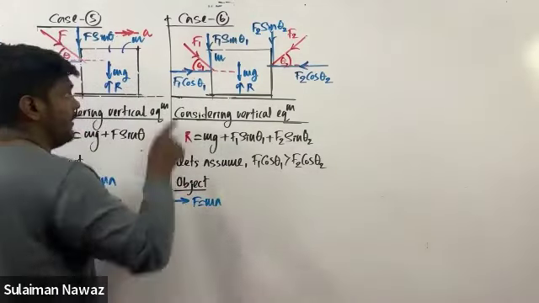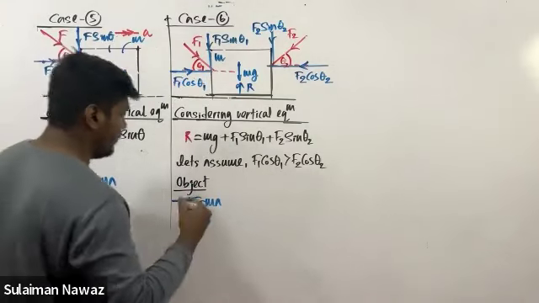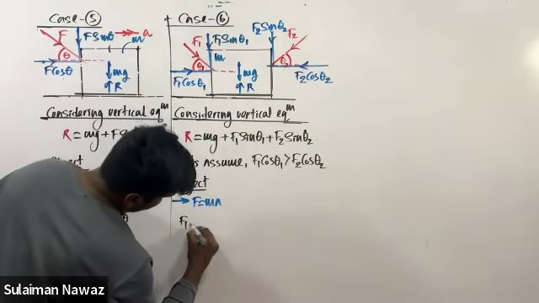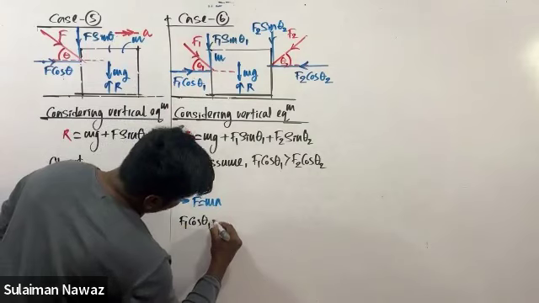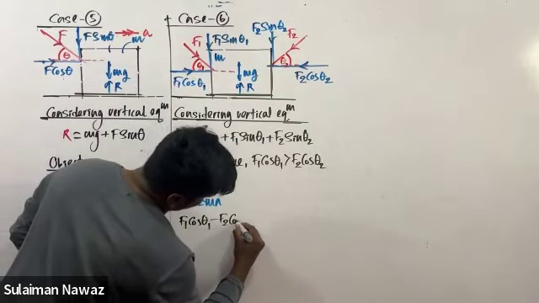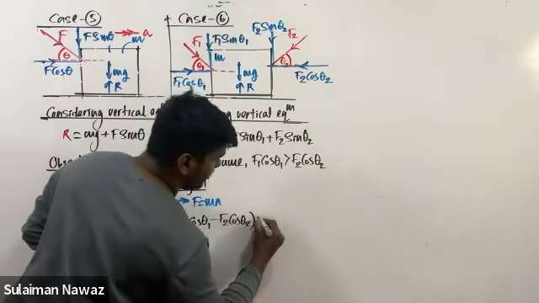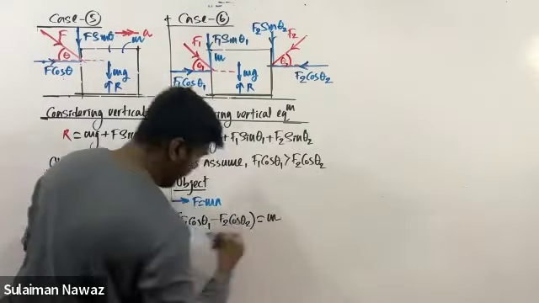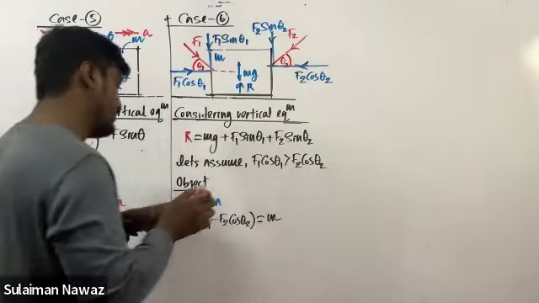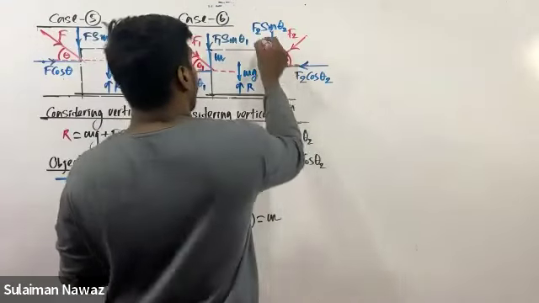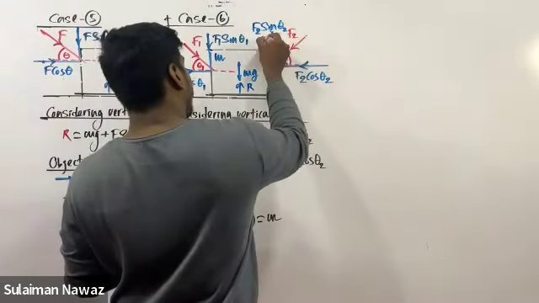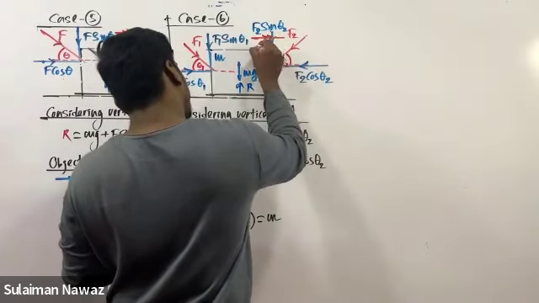Then F1 cos theta 1 minus F2 cos theta 2. This is the resultant force. I hope you understand. Then mass m, acceleration a.